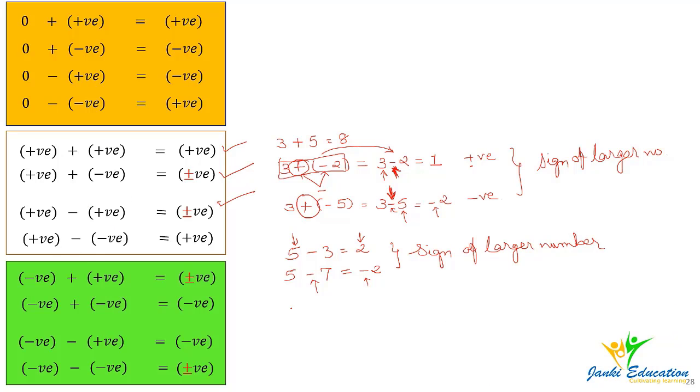Last one. So this has been completed. Now the last one: positive 5 minus minus 2, or you can say 5 minus minus 7. In both cases this minus minus becomes plus. So 5 plus 2, and here 5 plus 7. So the answers 7 and 12 are both positive. Understood?